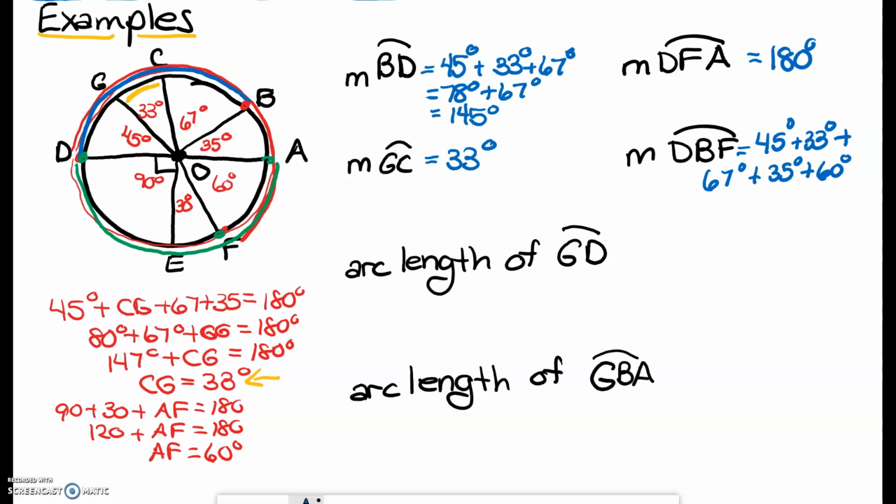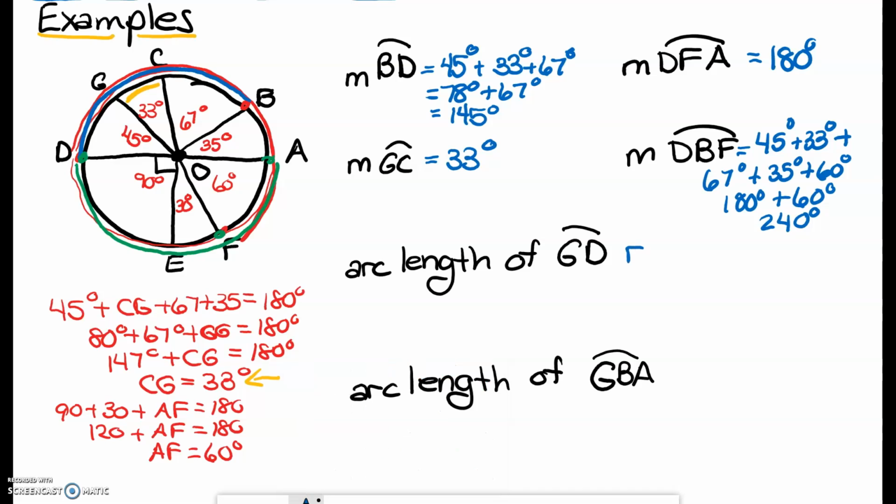And if I add up the first four, that's a semicircle, so that's 180 degrees plus 60 degrees, so I get 240 degrees. Okay, so now we have to find arc length GD, and I believe the example gave us a radius of, let's use a radius of 60.